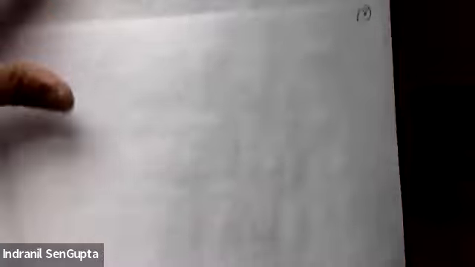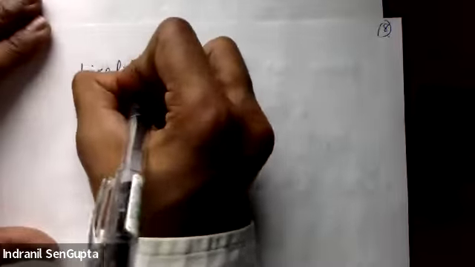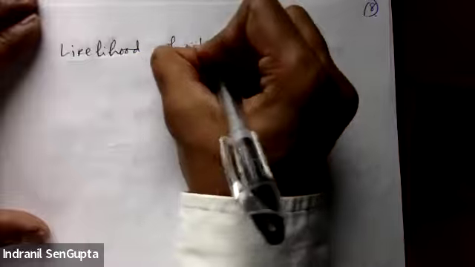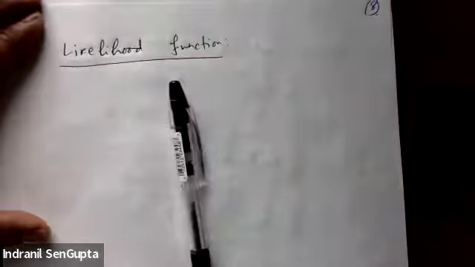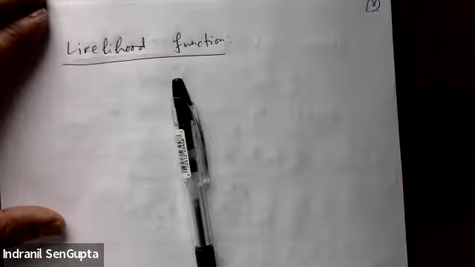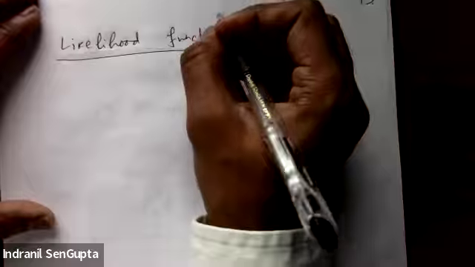Okay. Now let's compute the likelihood function. I will not compute everything in detail because we have already discussed this in detail before. So how do you compute the likelihood function?